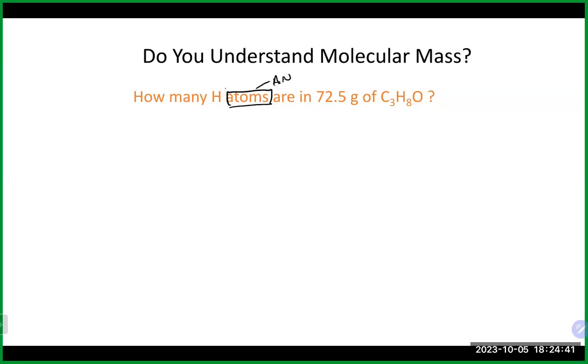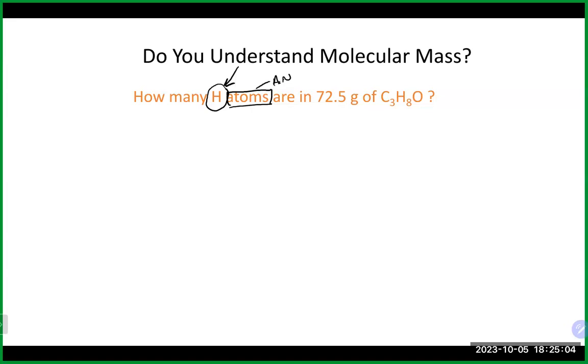But in this particular case, we are not interested in everything there, just the hydrogen part of it. We're not interested in the carbons or the oxygens. So we need a way in this calculation to go from the whole thing to just the hydrogen, which is what we're interested in.